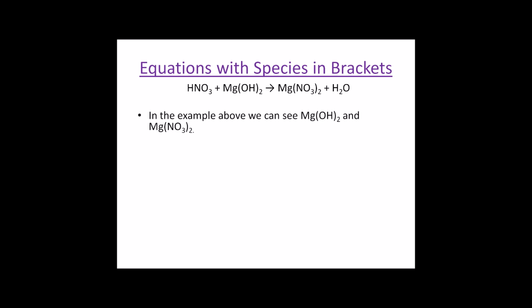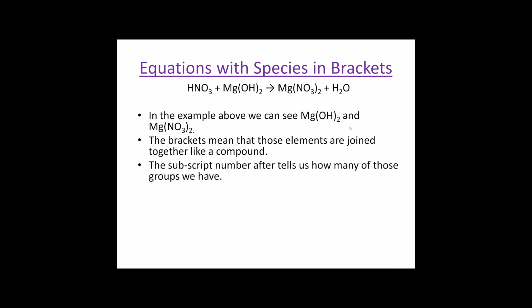So we can see we've got the magnesium hydroxide, Mg(OH)2, and magnesium nitrate, which have brackets. So what does this mean then? The brackets mean that the elements within the brackets are joined together like a compound. So the OH sticks together, the NO3 stays together. The subscript number after it, both 2 in this example, so the (OH)2 and the (NO3) close brackets 2, tells us how many of those groups we have.